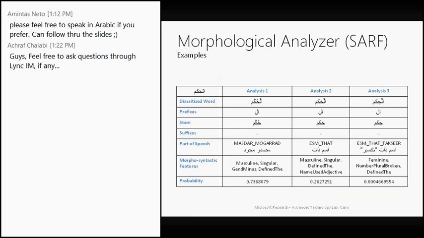And as long as we have a big text corpus, we were able to learn the probability of this analysis appearing in the text, and we can see here that it is 73%. The other two analyses are different in their part of speech and the morphosyntactic features, and we can see that they have lower probabilities in the Arabic text.